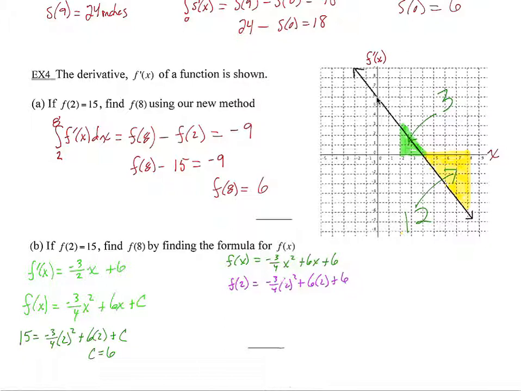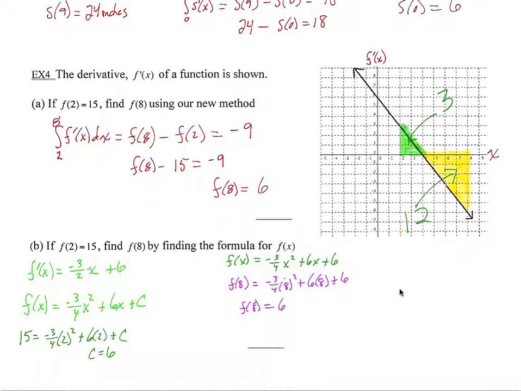I'm plugging in 8. So that should be 8, that should be 8, that should be 8. And then the conclusion, we evaluate all of this and we find out that f of 8 is 6. All right. We're done.